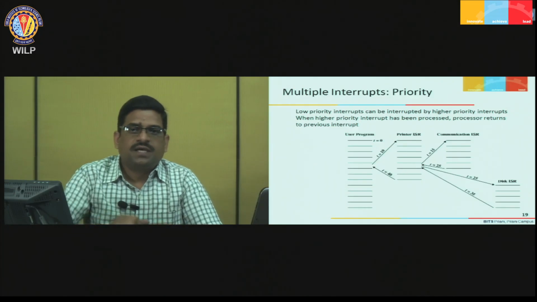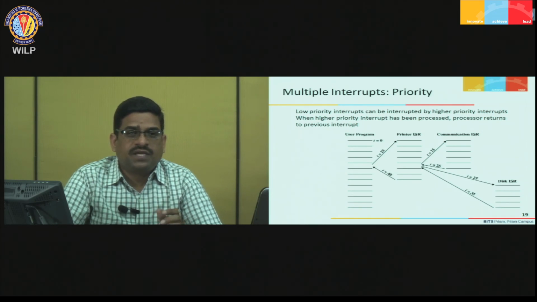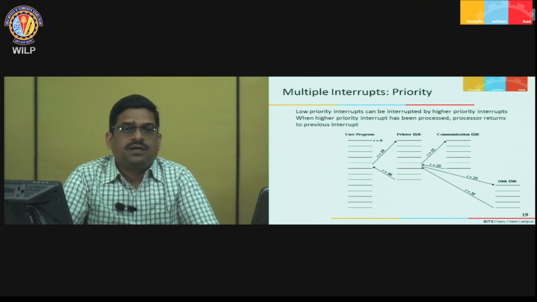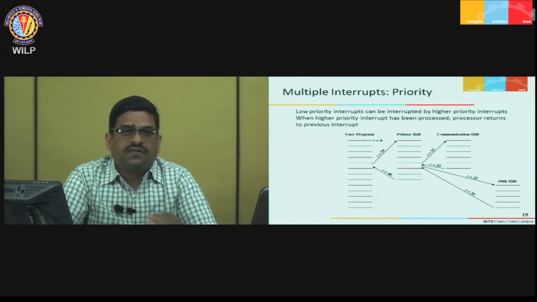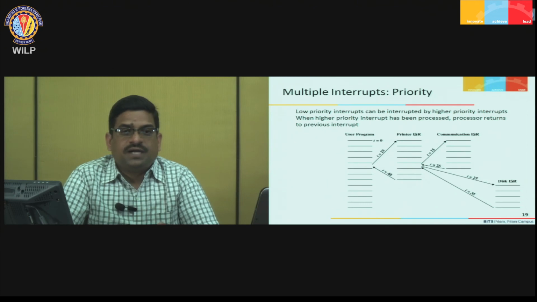Now next, if the devices are prioritized, with some devices we cannot stop them. Stop in the sense that if the operation has to be completed right now, we cannot say that the device should wait for some time, because this waiting can incur data loss.